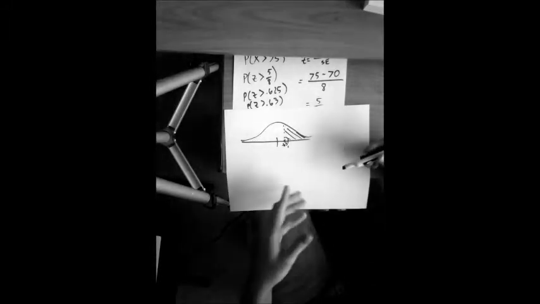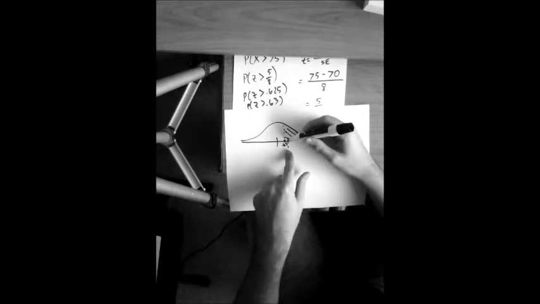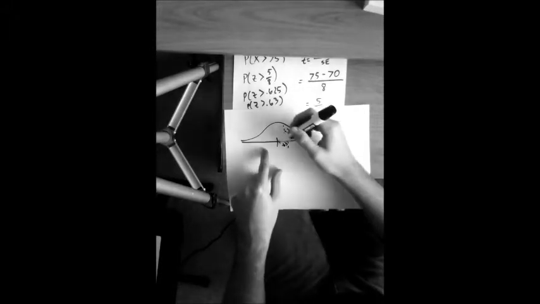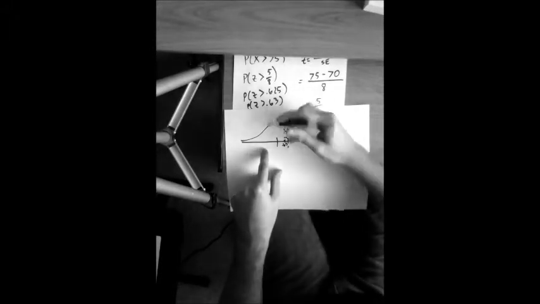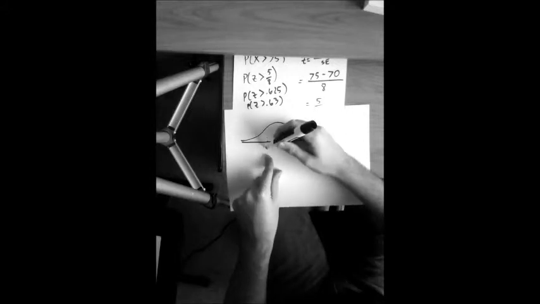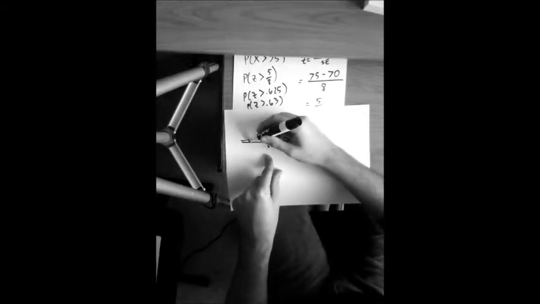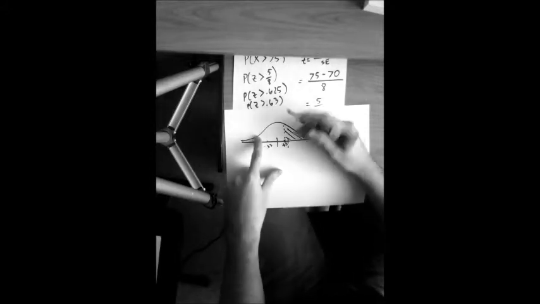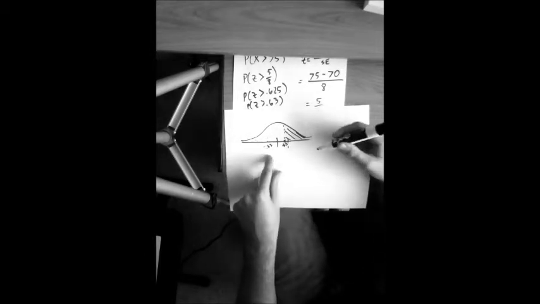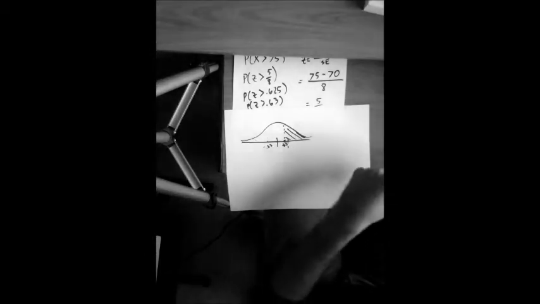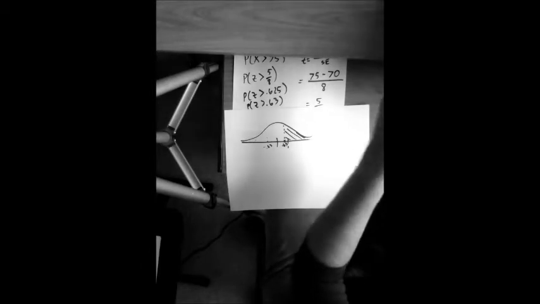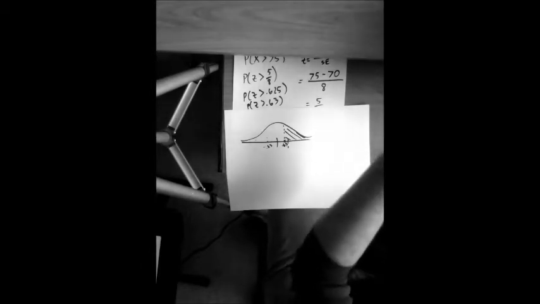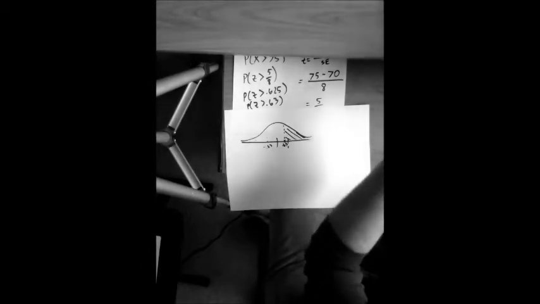Of course, you don't have to do that. In actuality, you could just say, well, this thing is symmetrical. So if I found negative 0.63 over here, this area is the same as this area. So you can just look up negative 0.63 in the table, and that will give you what you want, because this thing is symmetrical.